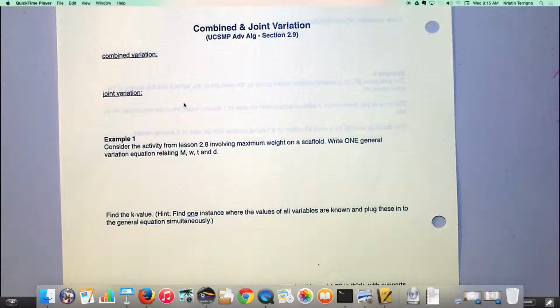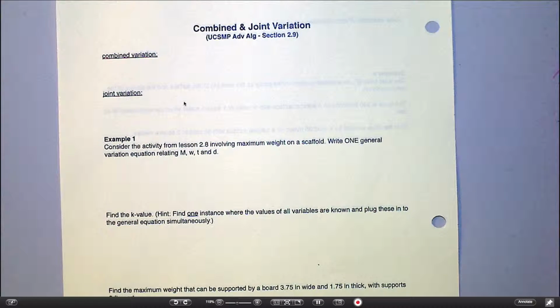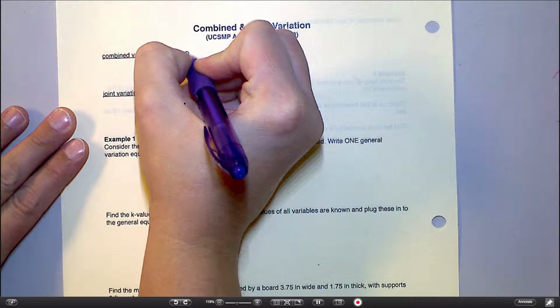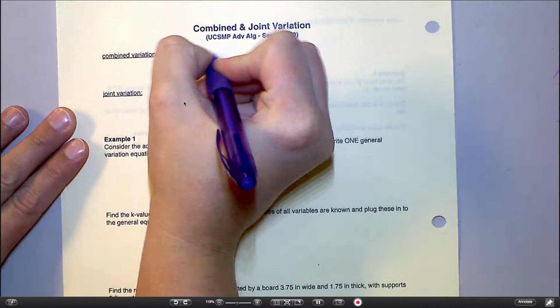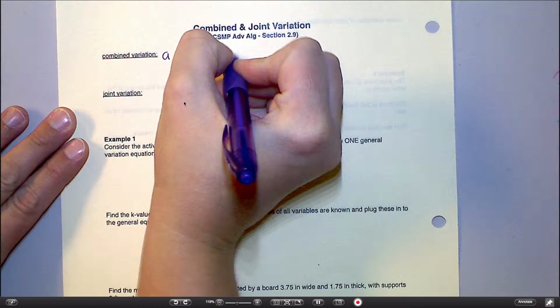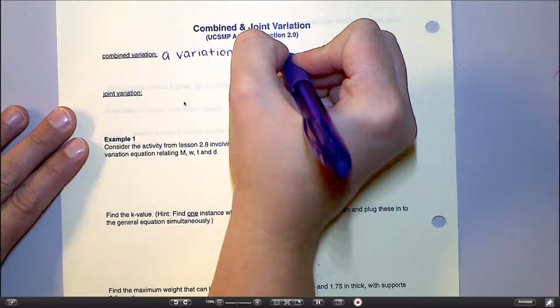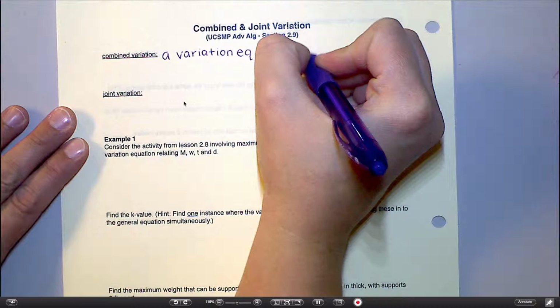Some vocab down here first. Combined variation. What would you imagine combined variation is? We add them all together. Yeah, combined variation is a variation equation that includes direct and inverse variation.